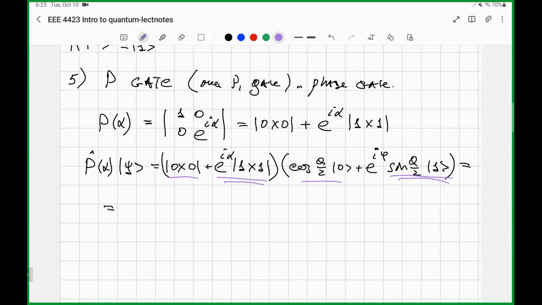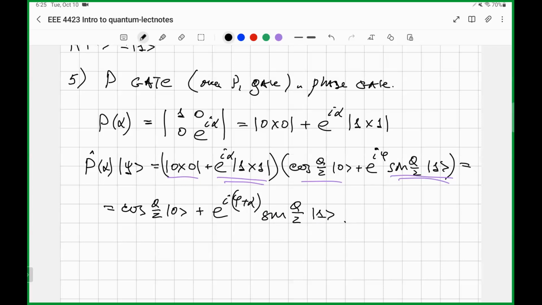What I get is cosine theta over 2 state 0, so this one doesn't change, plus the second one, which is e to the power of i (phi plus alpha) sine theta over 2 state 1.